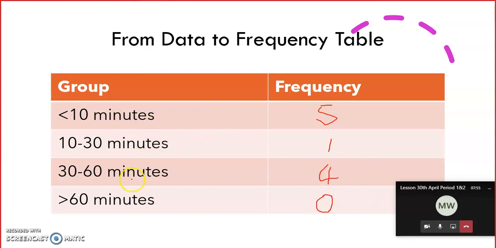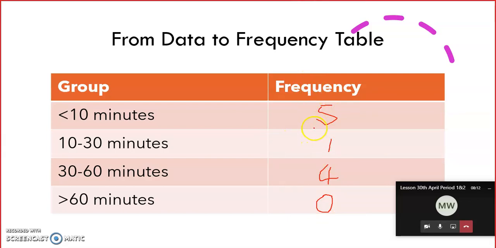Now, initially, if we look at the data, you'll probably see person A, 10 minutes, person B, 30 minutes, person C, 60 minutes. We can organize it in this way so we can try to interpret the information from that.